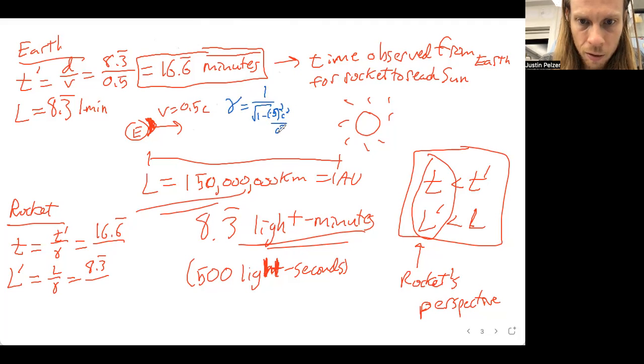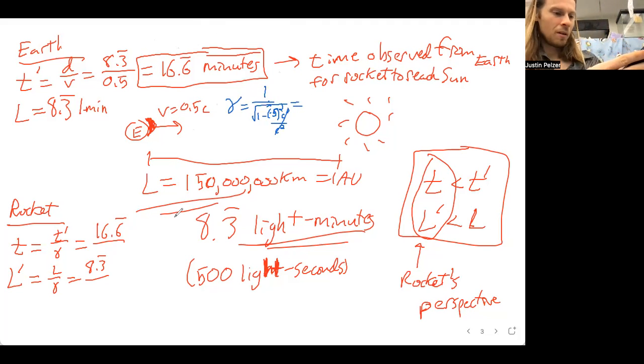And the c squareds cancel if I'm in units of the speed of light, which is really nice. And that's going to equal what? I've got my handy calculator out. Try it right now. 0.5 squared, 1 minus that, 0.75. Square root of 0.75 is 0.866, but be careful, it's 1 over that.